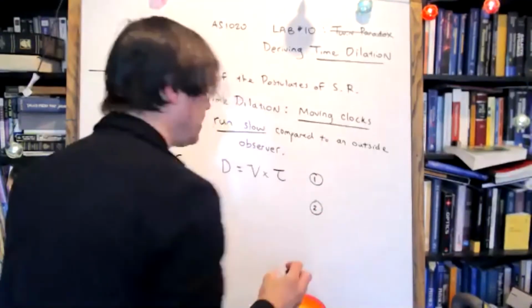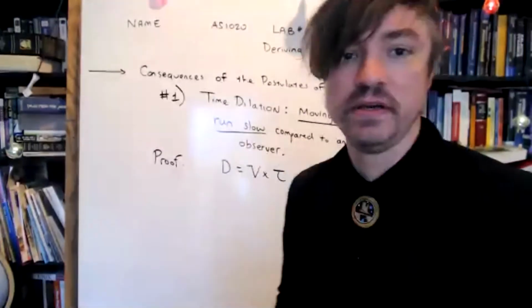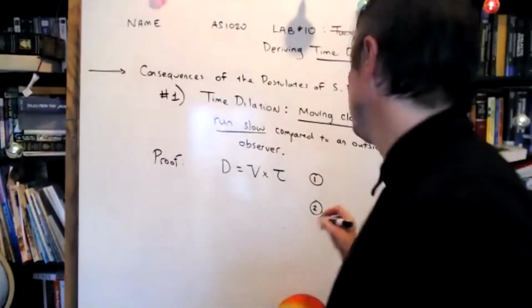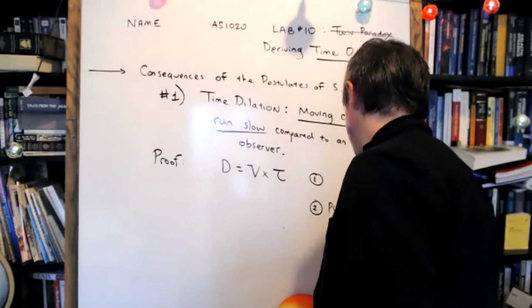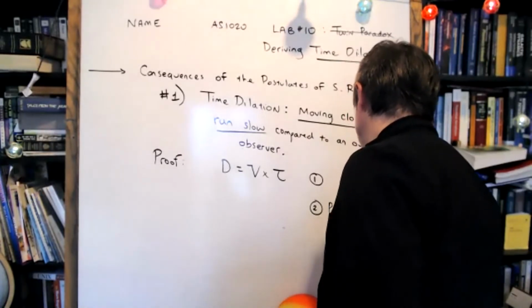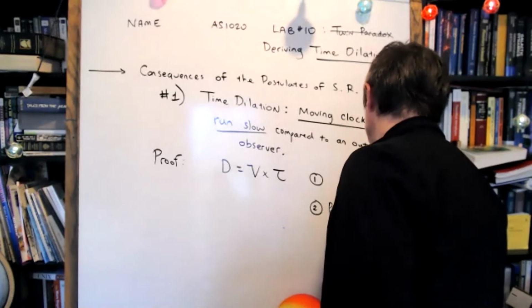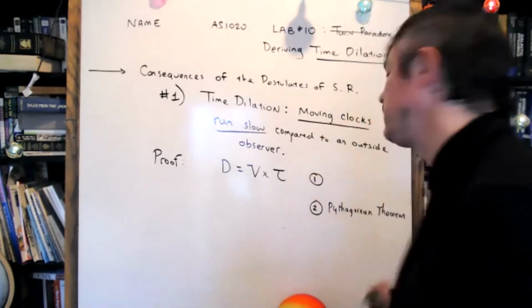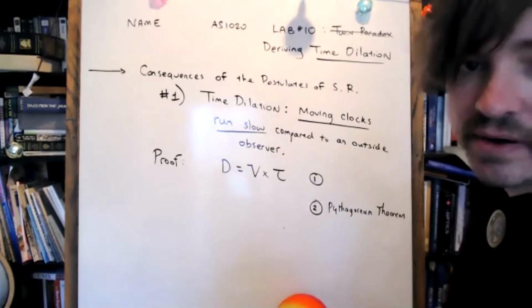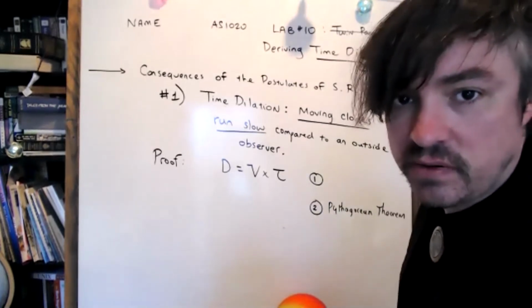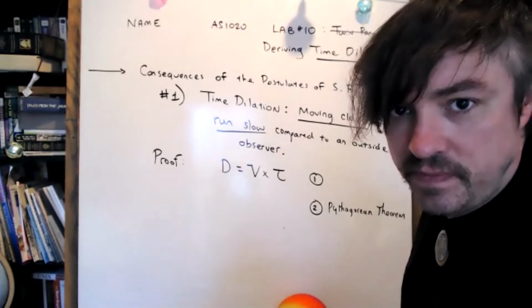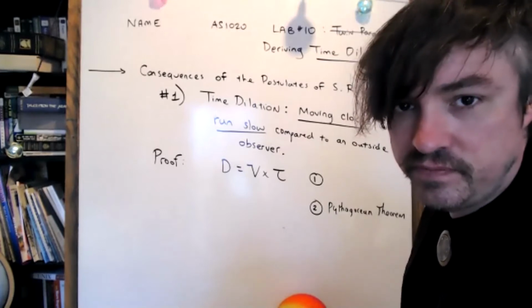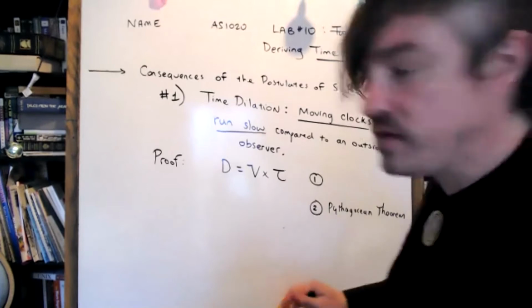The second formula I'm going to require you to know about is the Pythagorean Theorem. And I'd like to imagine that anyone who made it through high school would know the Pythagorean Theorem. Do you guys know that? What is it, Tegan? Tell us. Can you remember it? It's a squared plus b squared equals c squared. That's correct.